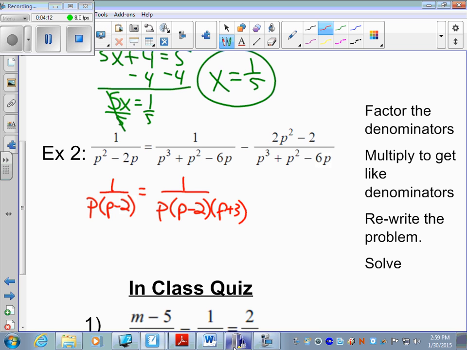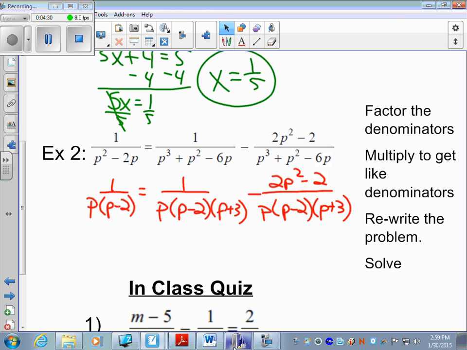And in our second fraction, we have 2p squared minus 2. We have the exact same denominator, so p times p minus 2 times p plus 3. Now I just have to take a step back and look. What do I have to multiply the first fraction by to get its denominator to look like the other two?